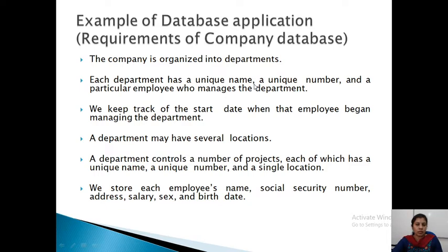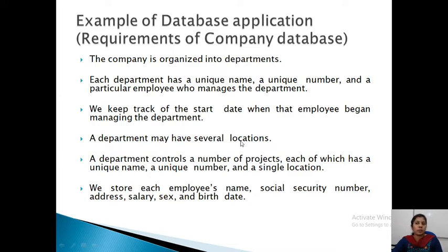The name, department number and the manager, the employee who manages the department. So I will just use the manager's ID here. And then we keep track of the start date when that employee began managing the department. So one entity is department. Another thing is manager, so we have to identify another entity type, that is manager.